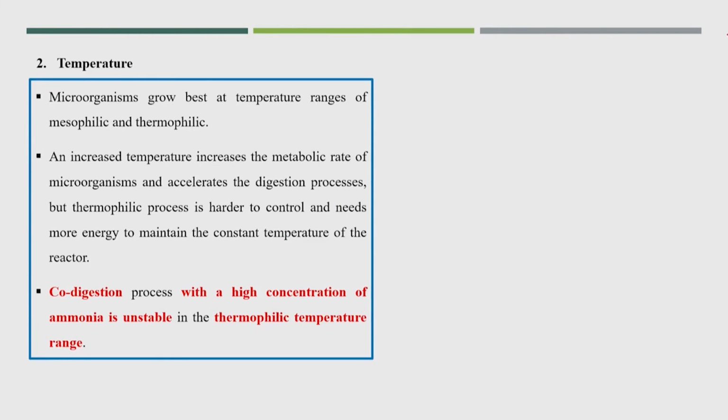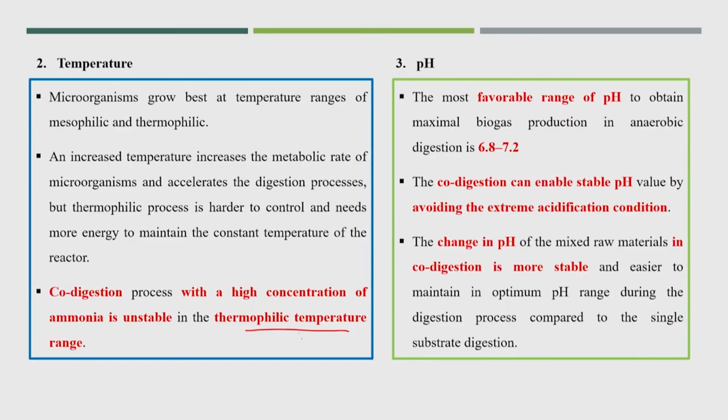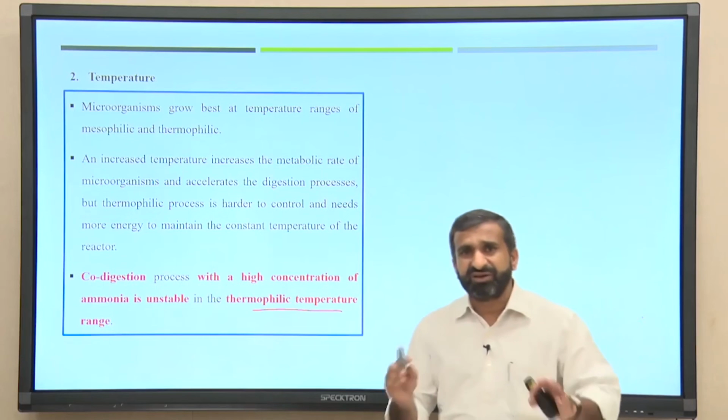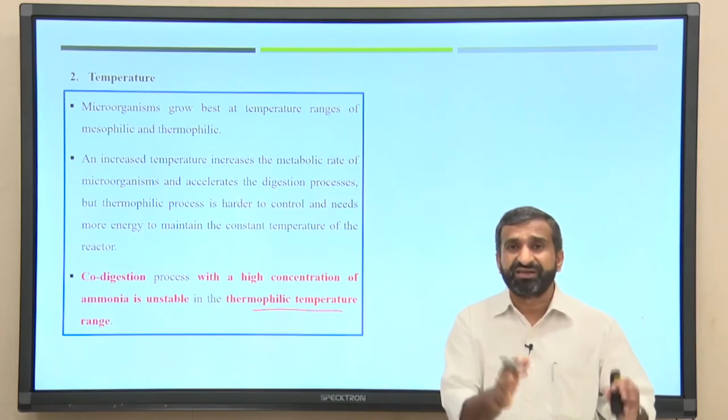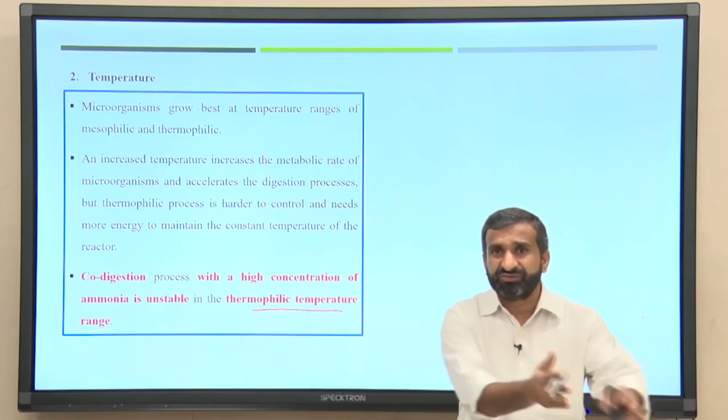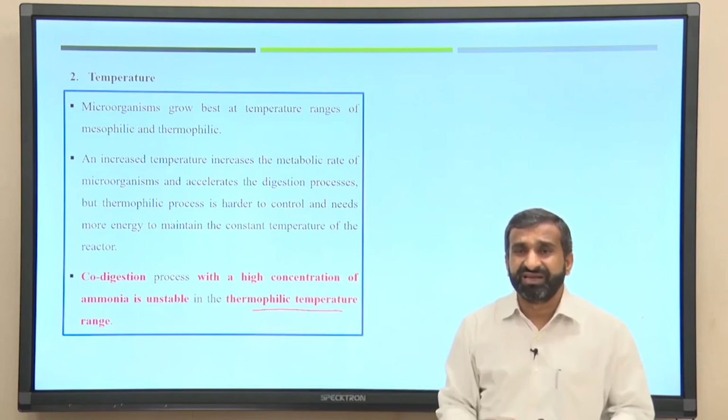Now, the next factor is temperature. Microorganisms grow best at temperature ranges of mesophilic and thermophilic, and a co-digestion process with a high concentration of ammonia is unstable in the thermophilic temperature range. This biogas reactor can be run at mesophilic temperature as well as thermophilic temperature, which we talked about in the previous lecture.